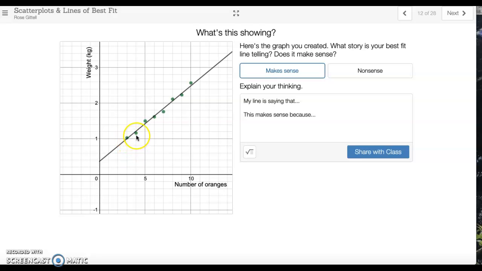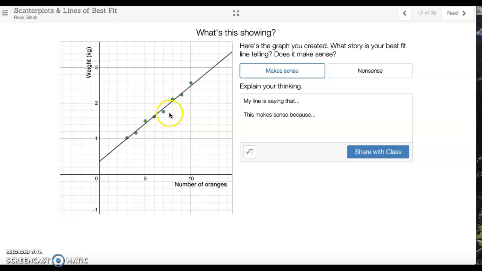So in general, we can see that the trend is that the more oranges we have, so as we have 3 oranges, 4 oranges, 5 oranges, 6 oranges, 7 oranges, so as x increases, or as the number of oranges increases, y also increases. So as the number of oranges increases, the weight of the box increases as well. And that makes sense, right? The more oranges that you put in the box, for each additional orange you add to the box, the weight is going to increase, which gives this positive slope that each point is a little bit to the right of and above the previous point.